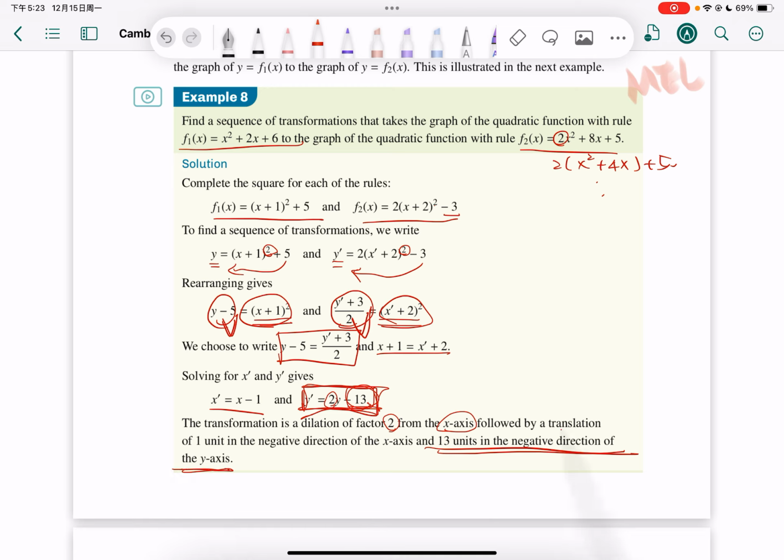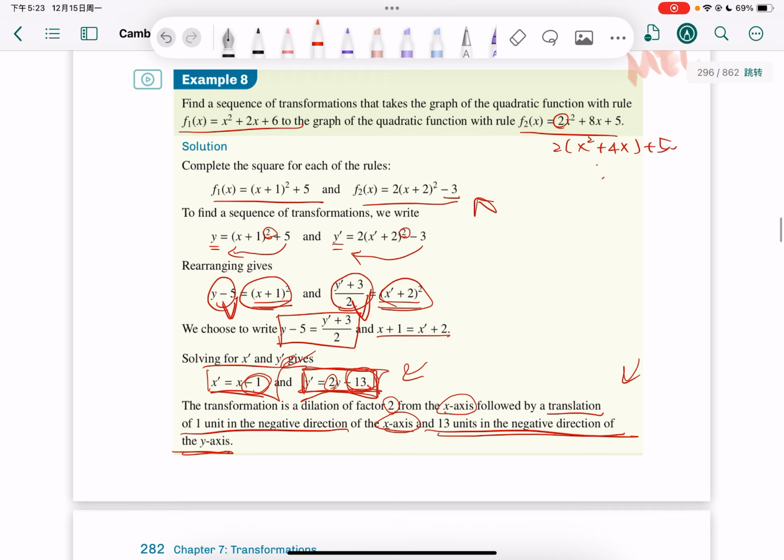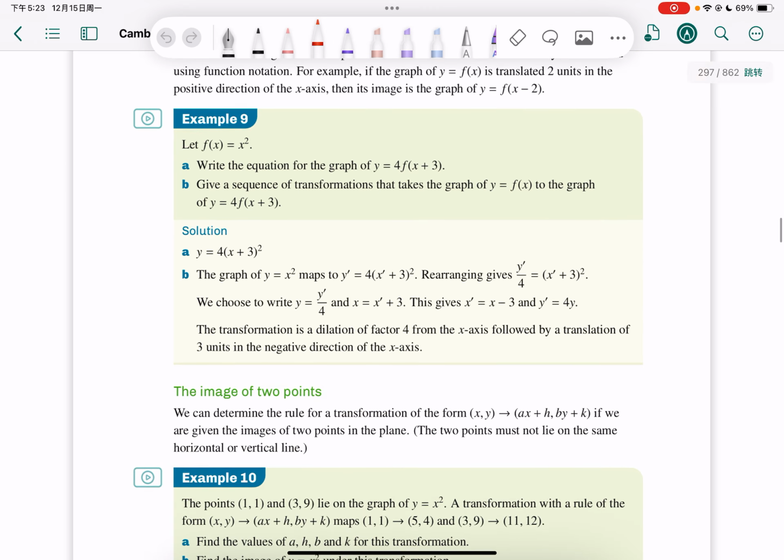And a translation, 1 unit down on the x-axis in the x equation. So this combines how to factorize and how you interpret the transformation with the equations from the initial and final x and y. Okay, this is example 8.